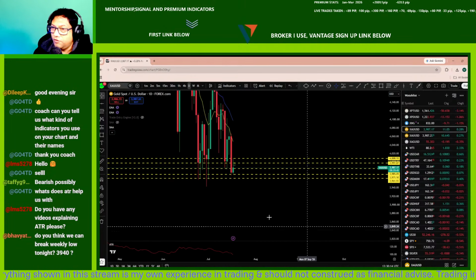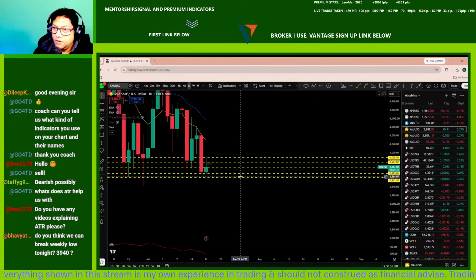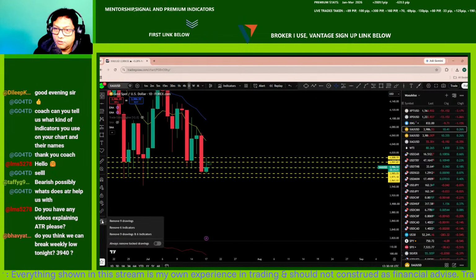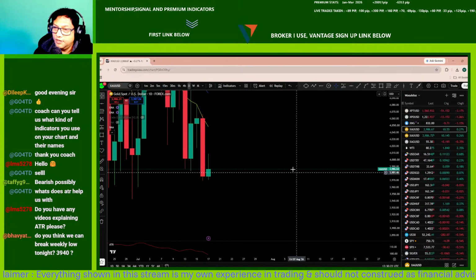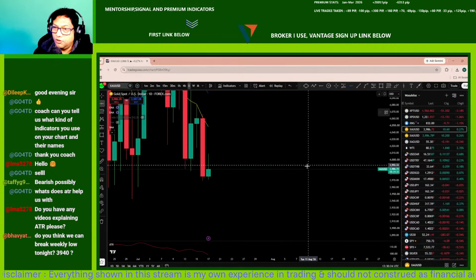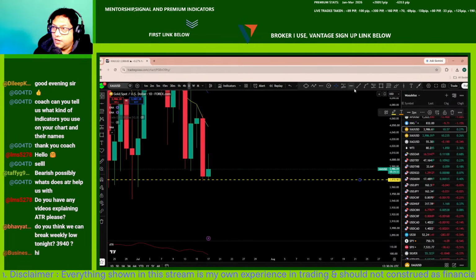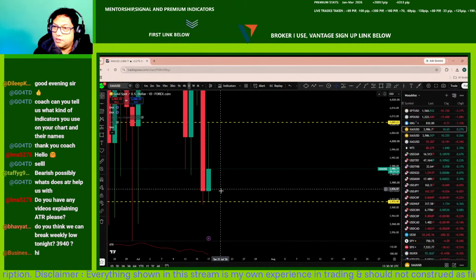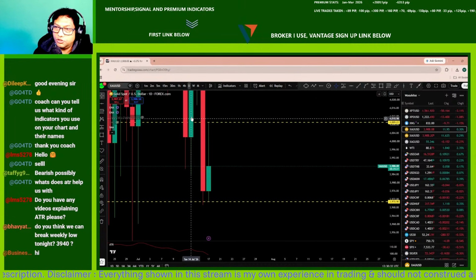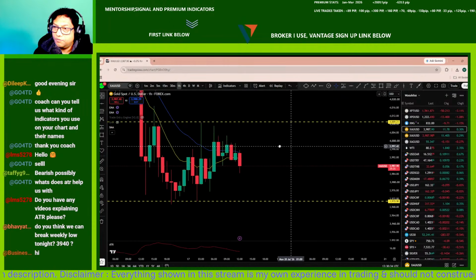So the market, if you look at it overall, let's delete the previous levels and look at the daily. This is the daily support that you can see here, and this is the daily high here. So this is the daily range that you can see at this level.